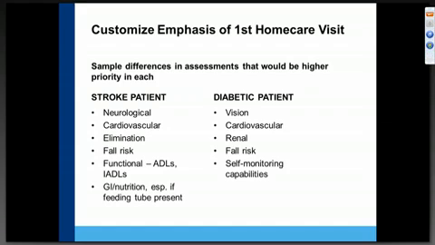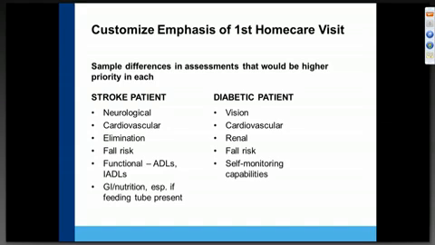Cardiovascular is a priority in both. Elimination could really be a priority in both, but certainly there may be issues of incontinence, difficulty eliminating in patients with stroke. Falls risk really should be a priority in probably all of our chronically ill populations, our older adults.